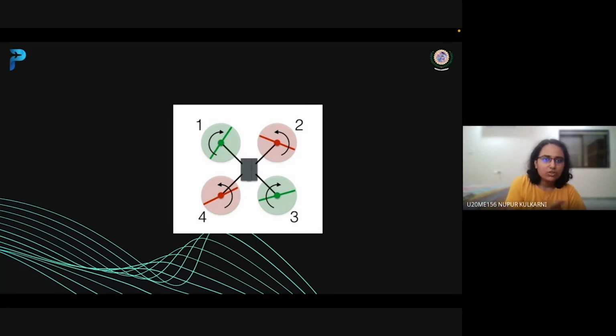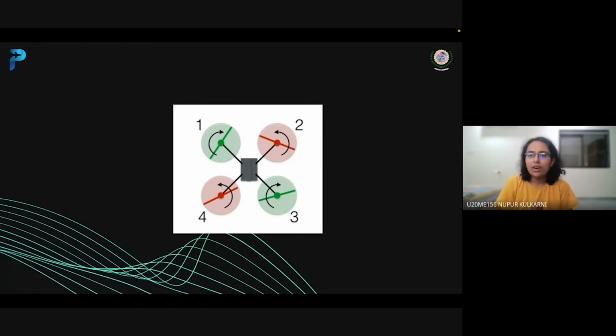So as each of our propellers is rotating in clockwise direction, the drone will experience an anti-clockwise torque, and thus it will start rotating in an anti-clockwise direction. So instead of having a stable flight, it will rotate about the vertical axis like this.